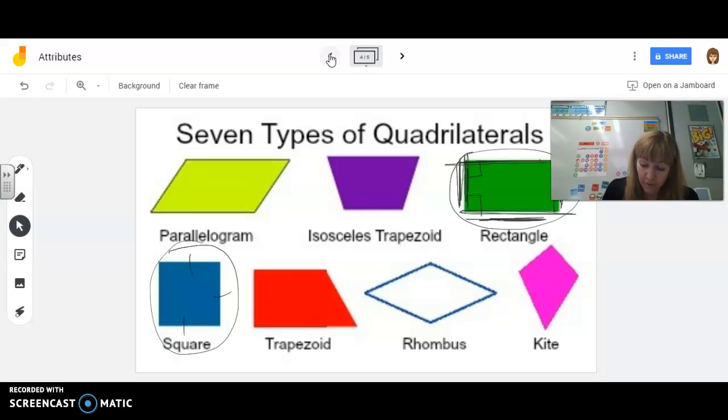Okay, over here, the rectangle has 2 lines that are 1 length and then 2 more lines that are another. Okay, so related to the rectangle is the parallelogram. So all a parallelogram is a rectangle that is squashed over on its side a bit.